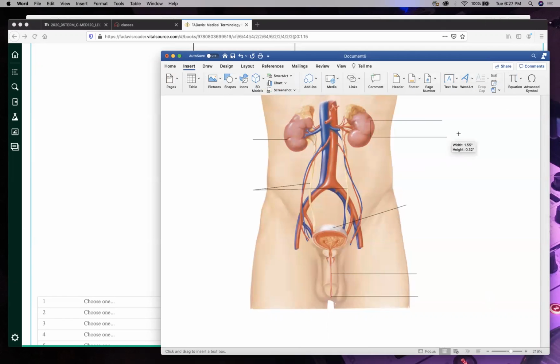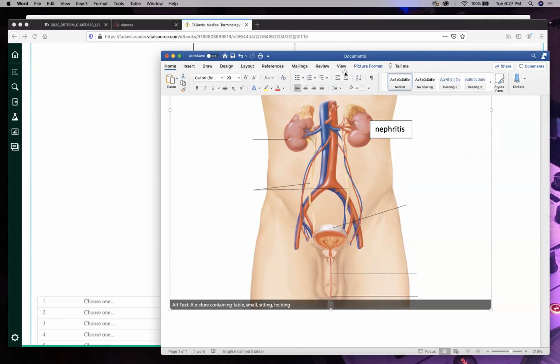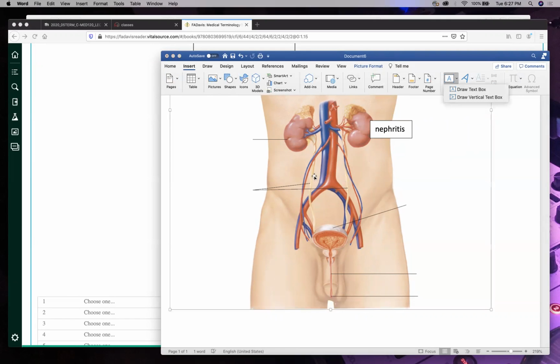So let's start with the kidney. I could have nephritis, inflammation or infection of my kidney. I could also have, of my, here, these are my two ureters.